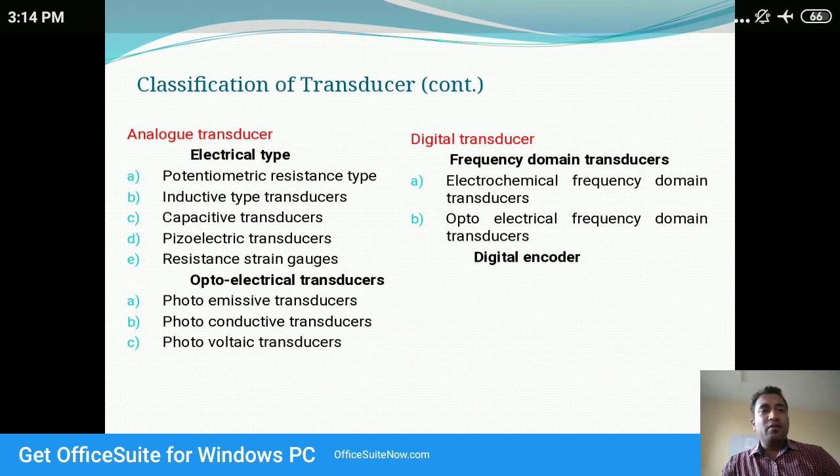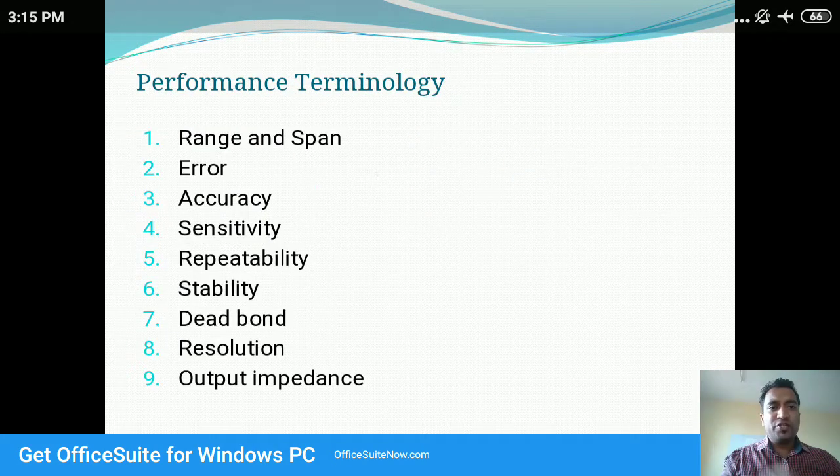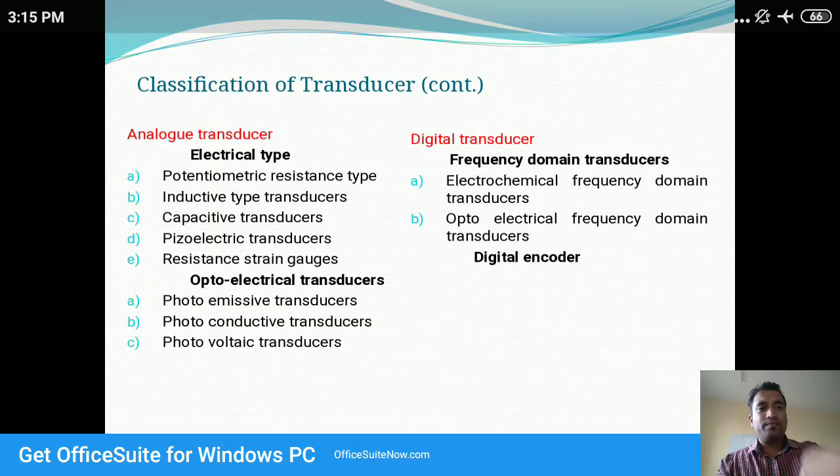And again, in electrical type and optoelectrical transducer, there are many classifications like potentiometric transducer, resistance type, inductive type, capacitive transducers, piezoelectric transducers, resistance strain gauge, and so on.